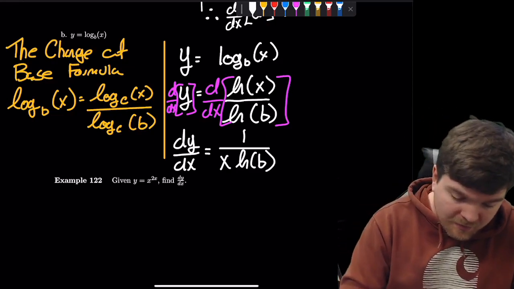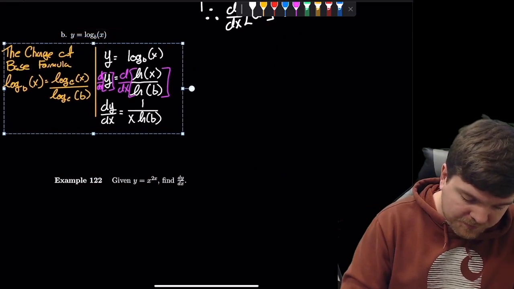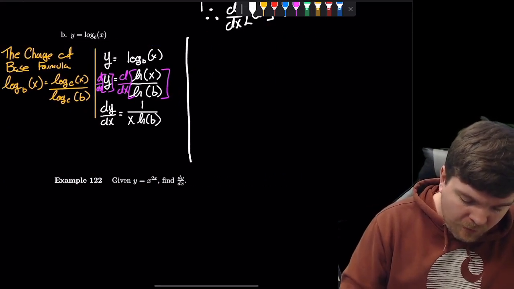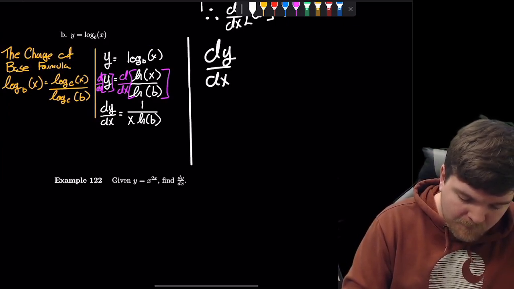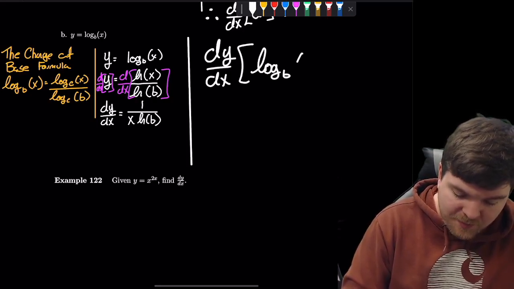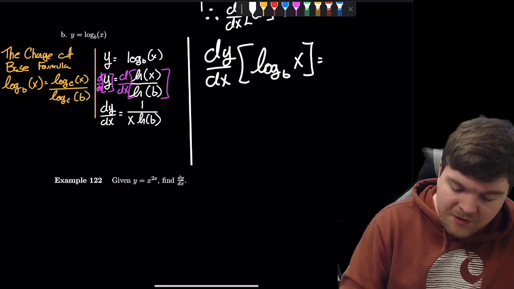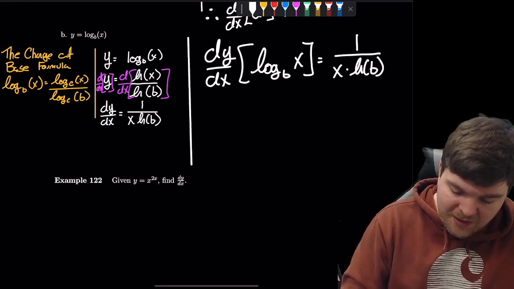So what we get here is, again, two new derivative rules. We have one rule that says that if we're taking the derivative of log base b of x, this is going to be 1 over x times the natural log of b.